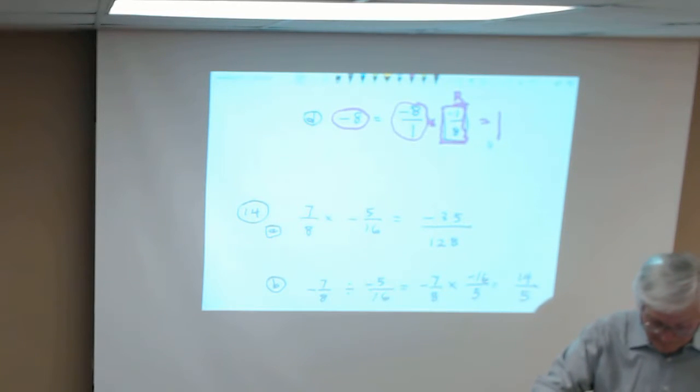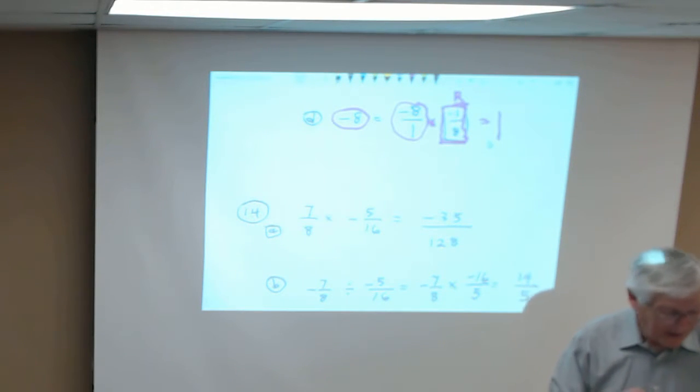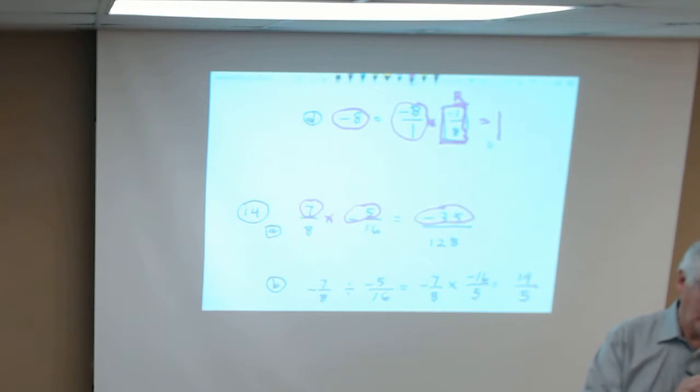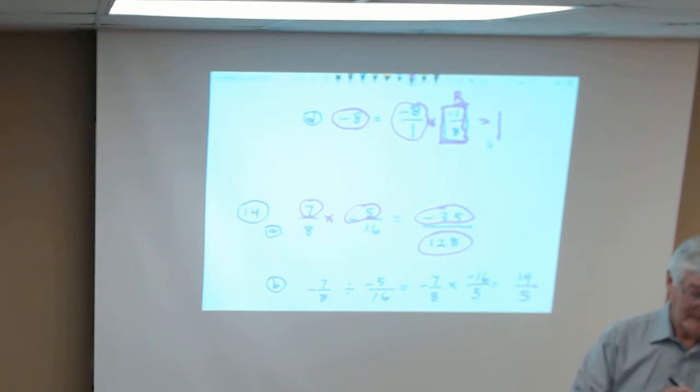Number 14. Perform the indicated operation. Here the operation is multiplication. What's 7 times negative 5? So negative 35 over 8 times 16, 128. Can we reduce this down?